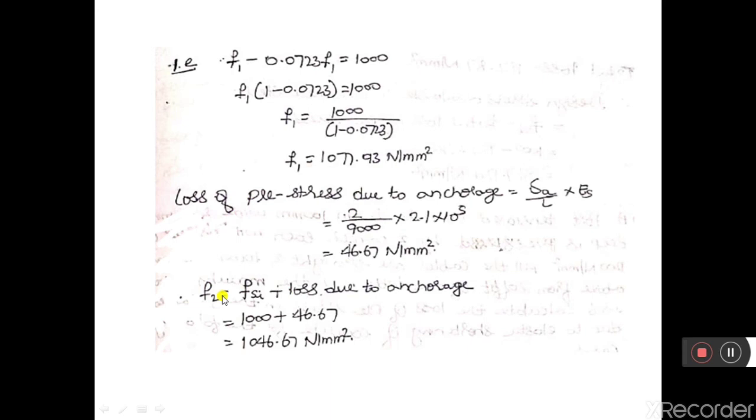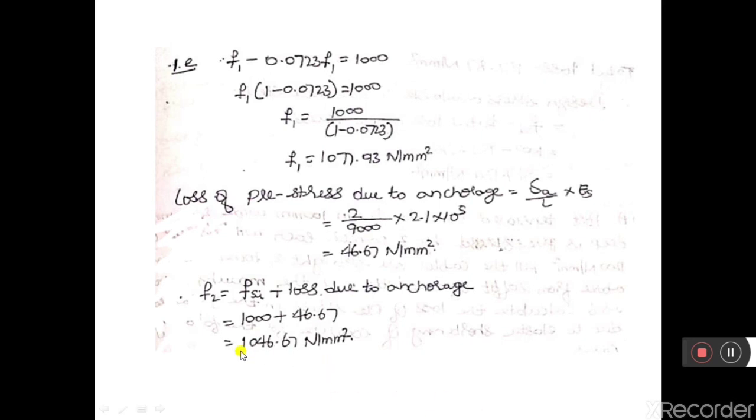So F2 is equal to initial pre-stress FSI plus loss due to anchorage slippage. So the pre-stress that has to be in the cable is 1000 Newton per mm square, and anchorage slippage loss is 46.67 Newton per mm square. Therefore, I should apply a stress of 1046.67 Newton per mm square.